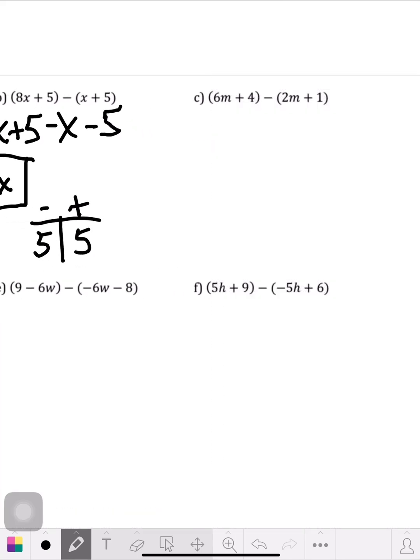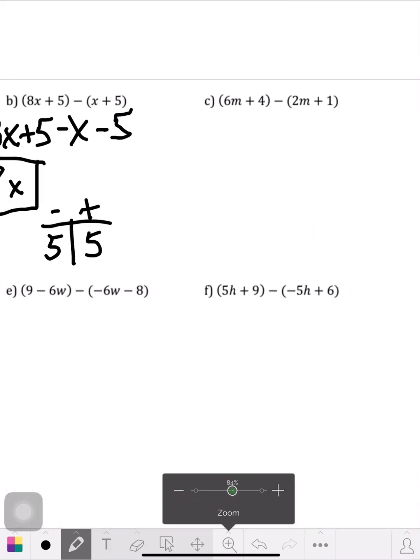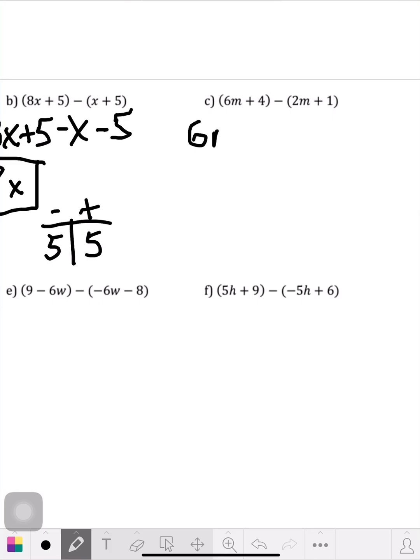Let's do C. We can get rid of the brackets right from the get-go. 6m plus 4. Now we have a -1 times a positive 2m. The negative is going to win out, different signs, just like the rules right below state. So we have a -2m. Now we have a -1 times a positive 1. 1 times 1 is 1, but it's going to be a negative, because the negative wins out when you have two different signs.